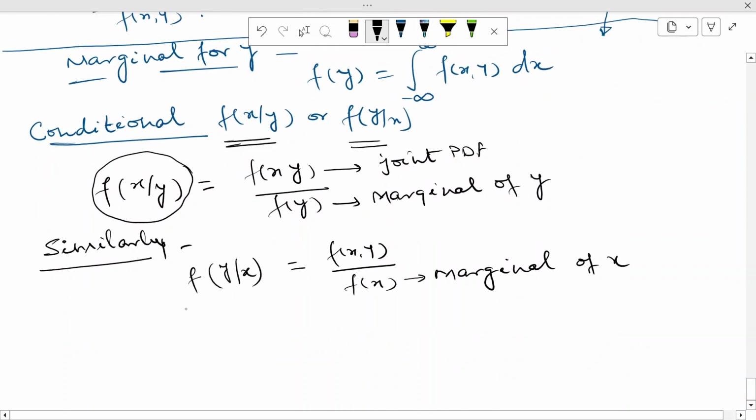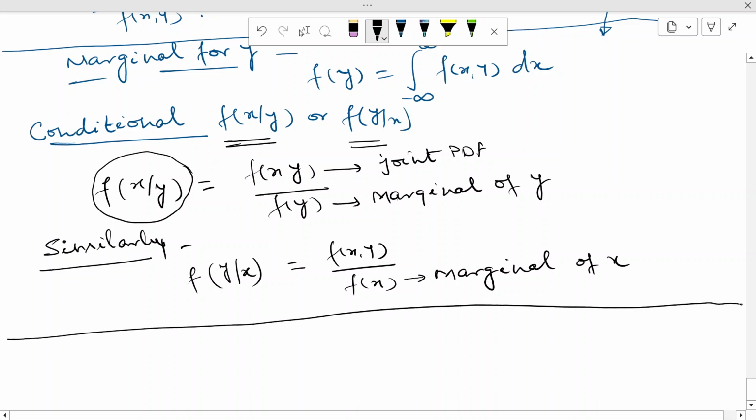So this is how we can obtain the marginal and conditional density functions. So here let us discuss the calculation or the expression of these density functions.